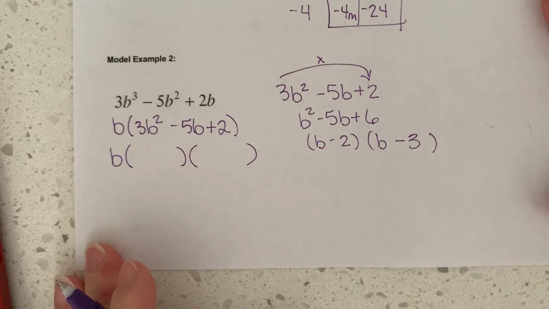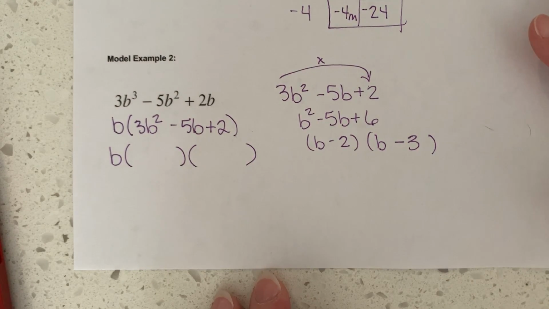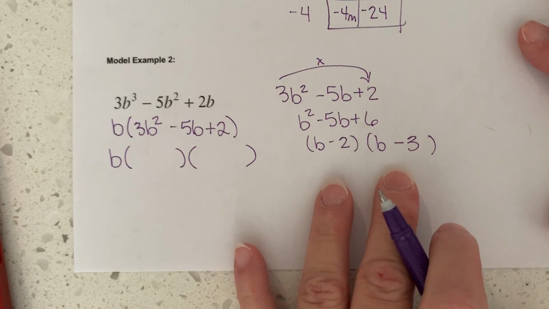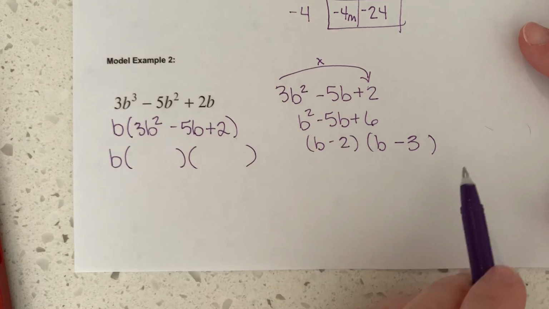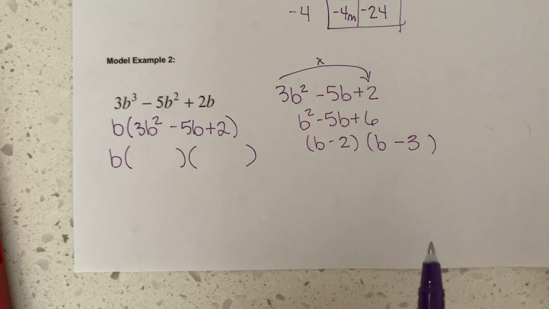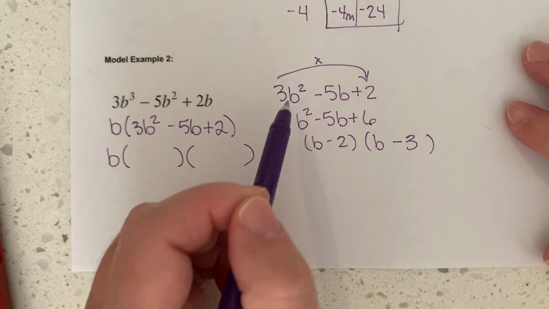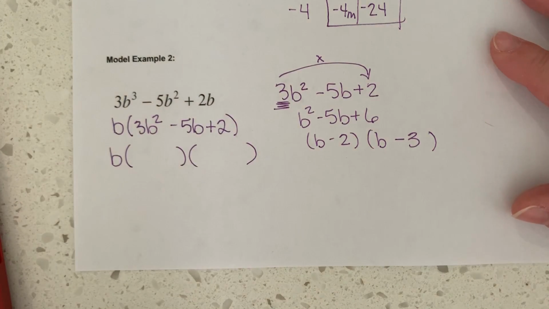And again, you can use the box method, but on these where there's no number in front, it makes it easier to just do the last term divided by x. So now we factored that, but you've got to remember that we had to use the slide method, so we're not done. So you remember this 3 that we slid?